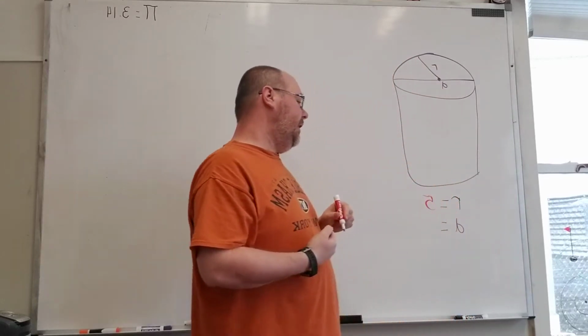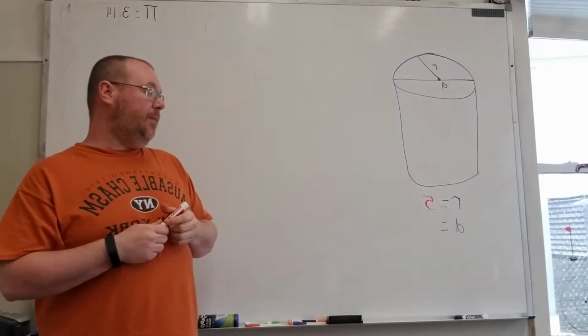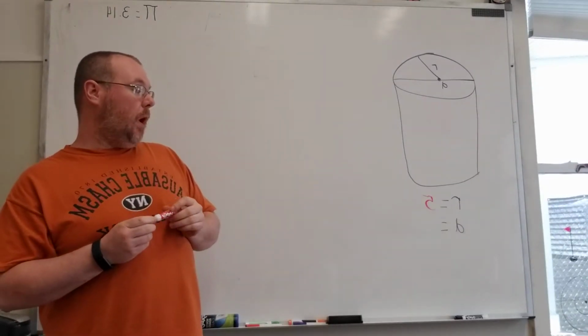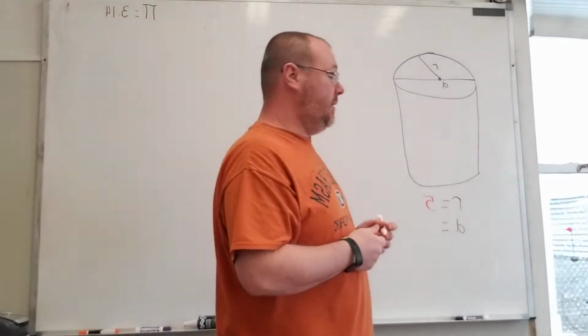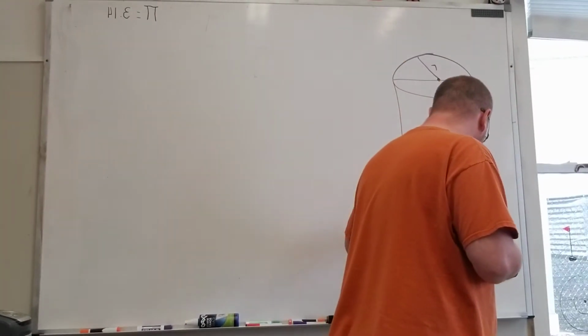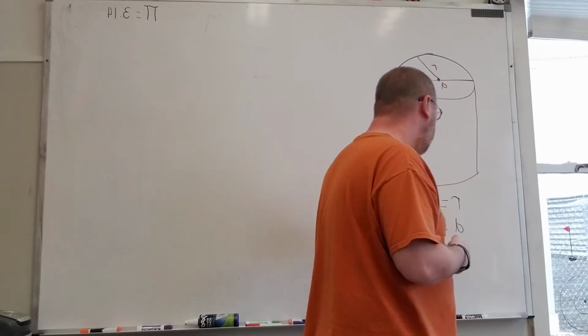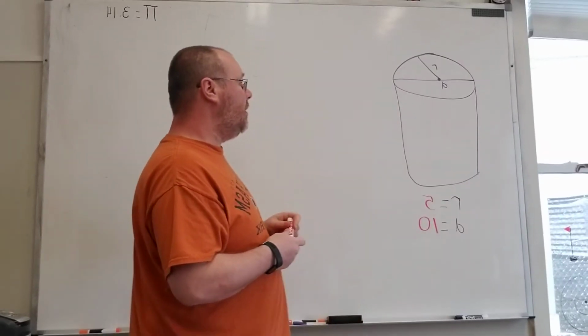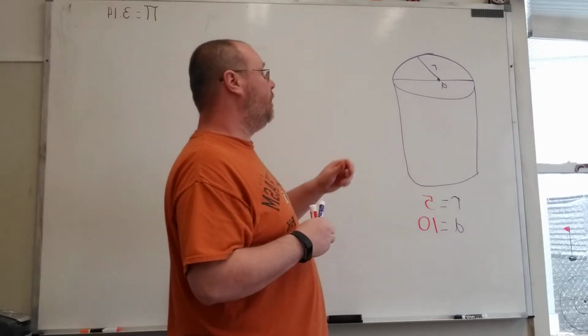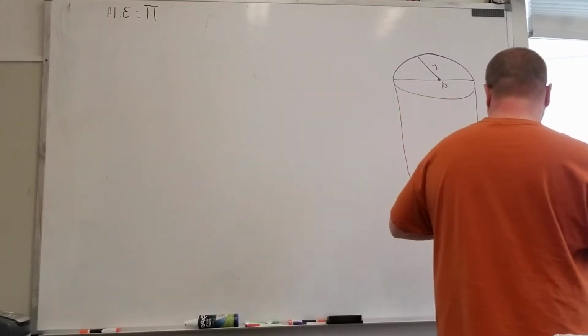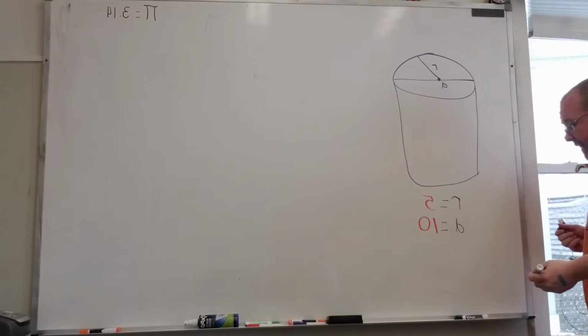Who can tell me the diameter? Good, 5 times 2 is 10. So the diameter is 10. Now we're going to add another measurement to our cylinder. We're going to add a height.